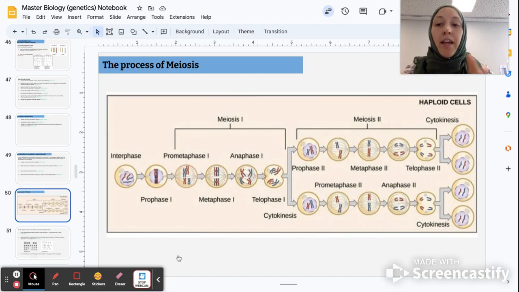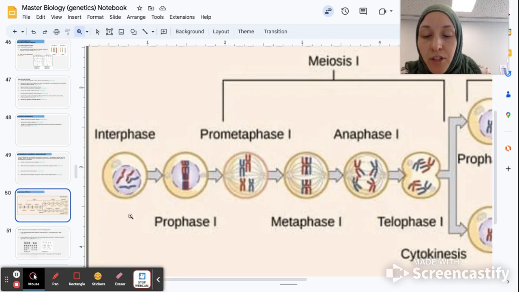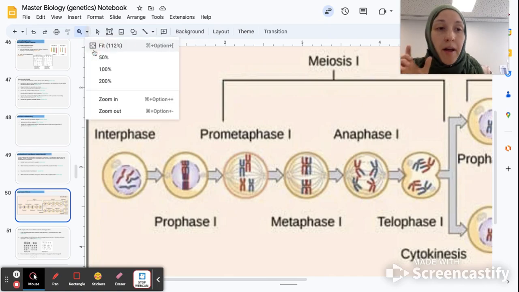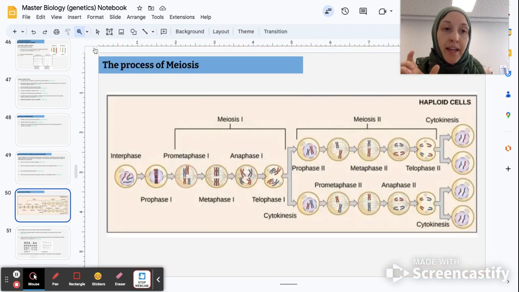Now if we take a look at the process of meiosis, we're starting here with interphase with a diploid cell. If you look carefully at this cell, we have 2 pairs of homologous chromosomes: a short pair and a long pair. Homologous pairs should be the same length as each other.